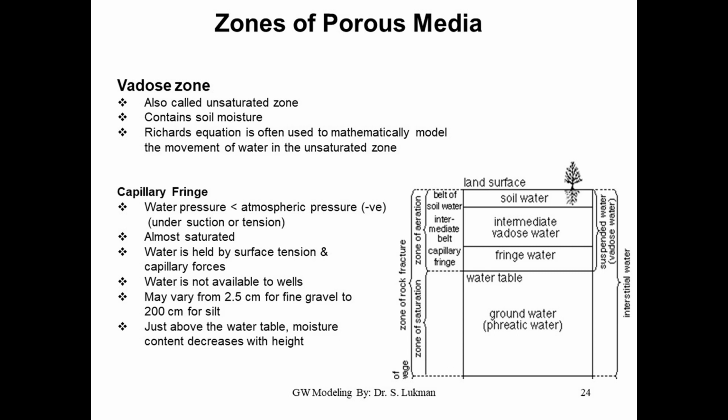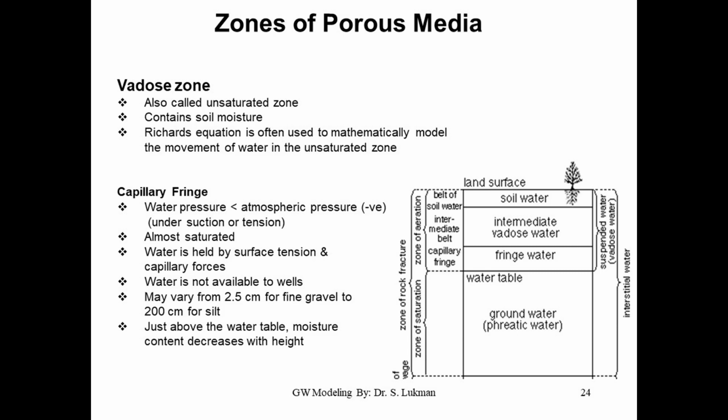It is almost saturated just because the water in the capillary fringe is held by capillary forces. So it may practically be saturated, but yet you can't take it out because the water is held by capillary forces. But in the water table, it is available.